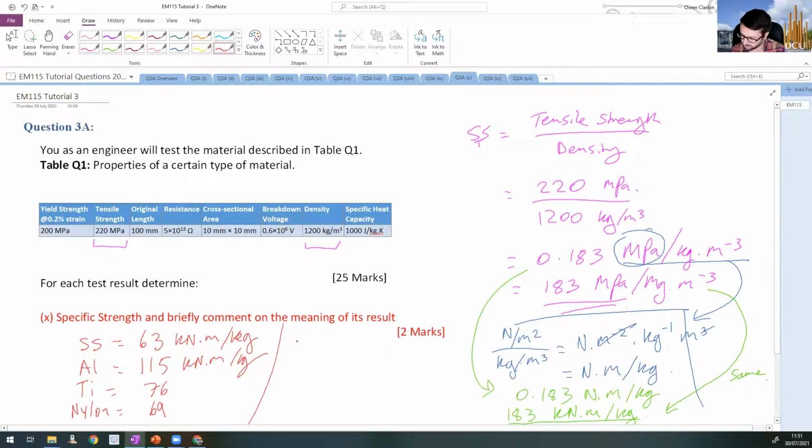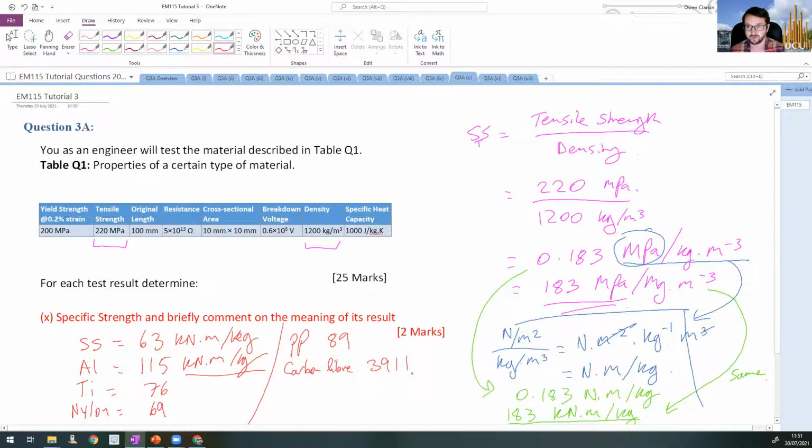Let's have a look over here. So polypropylene comes out as 89. And they're the same units, okay? Carbon fiber. This is the carbon fibers themselves. Come out as 3911.